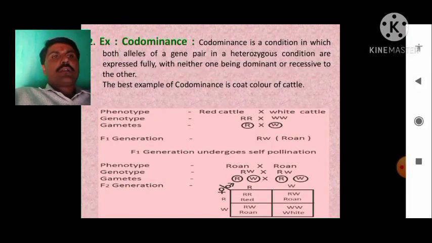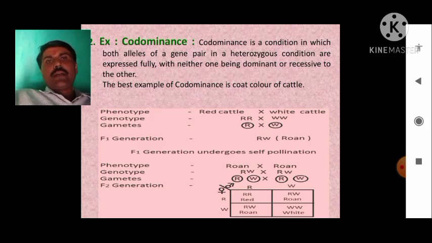What we saw in co-dominance is that neither the recessive nor the dominant one was expressed in F1, but the ratio in the F2 generation, phenotype and genotype, was equivalent, that is 1:2:1, with regard to the coat color of the cattle.